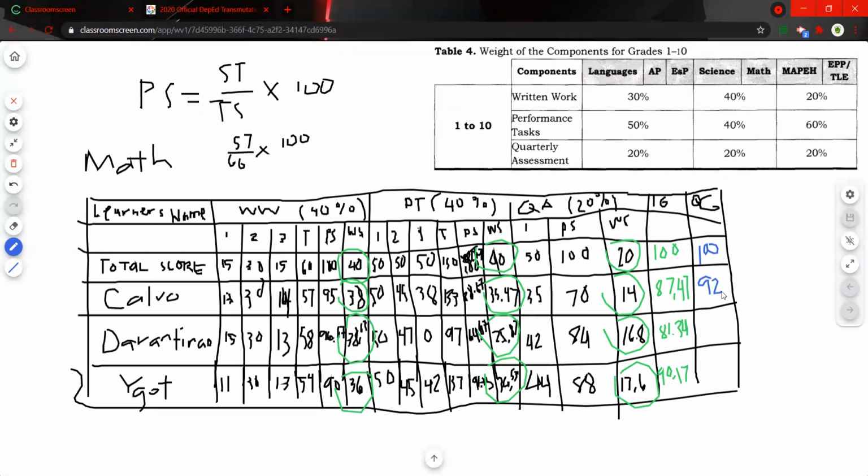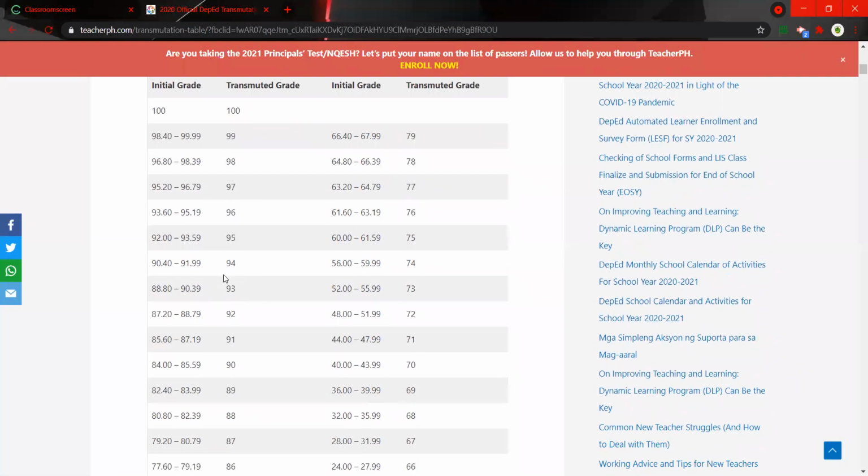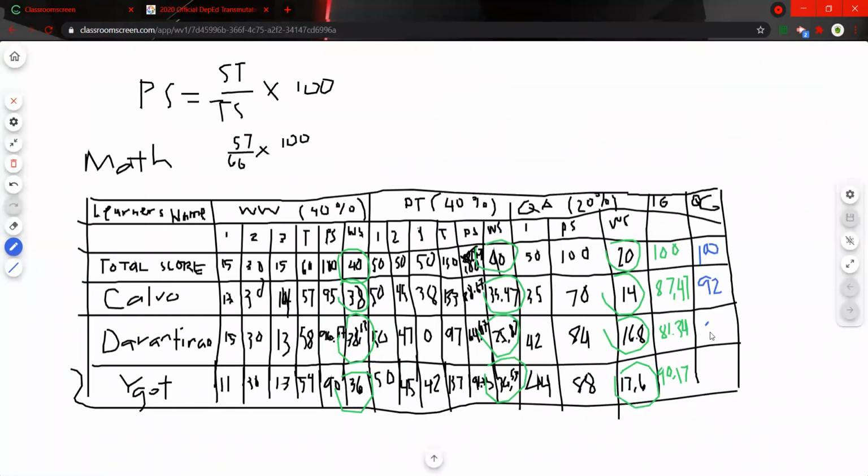Then Darantino, 81.34. Where does it belong? It belongs to 80.80 to 82.39, so the transmuted grade for Darantino is 88.